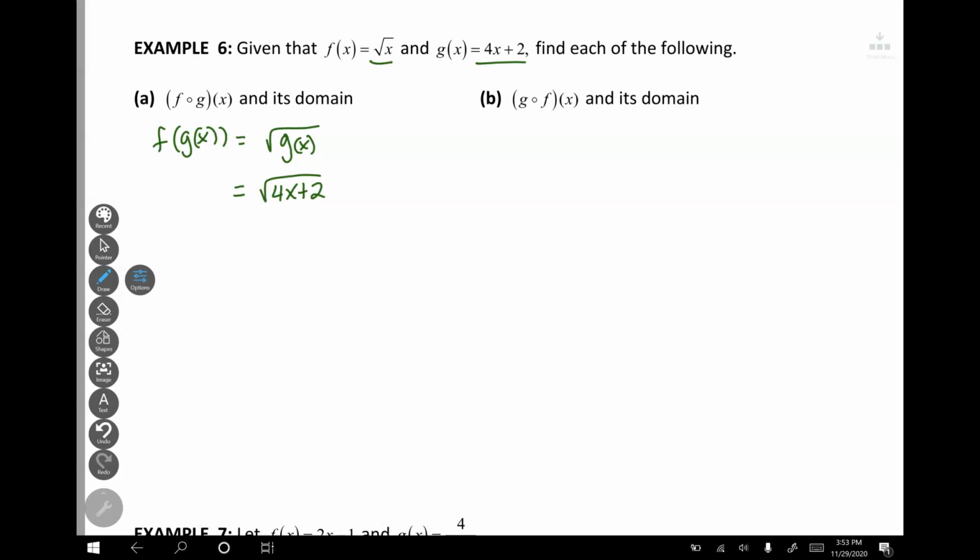Its domain. So we do have a radical here if you're looking at f of g of x. First, let's look at our input function. So the domain of g of x. That is actually, since that's a linear function, going to be all real numbers. So the domain of f of g of x.